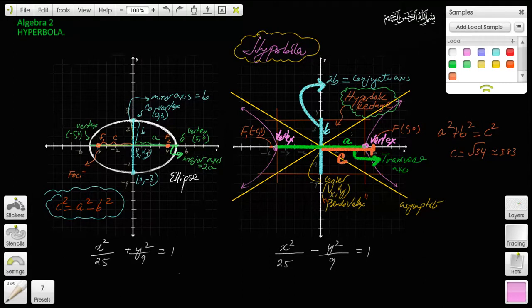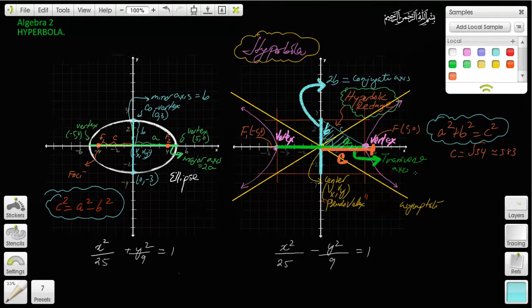The distance from the center to the foci is C, and the relationship between A, B, and C is thus, and that's reasonably easy. The way I remember this is because C is always the longest. You take the two smaller sides and try to invent a Pythagorean theorem out of it. So in this case, A squared plus B squared is going to be C squared, if you observe this little triangle over here.